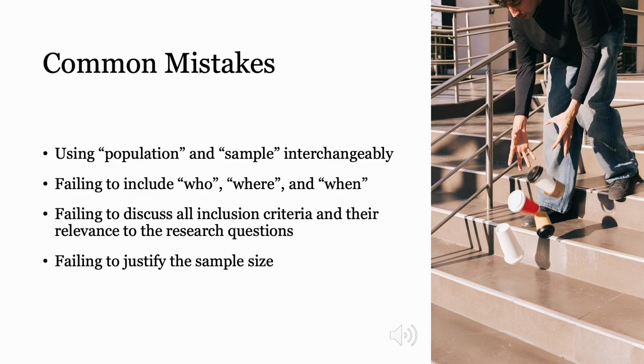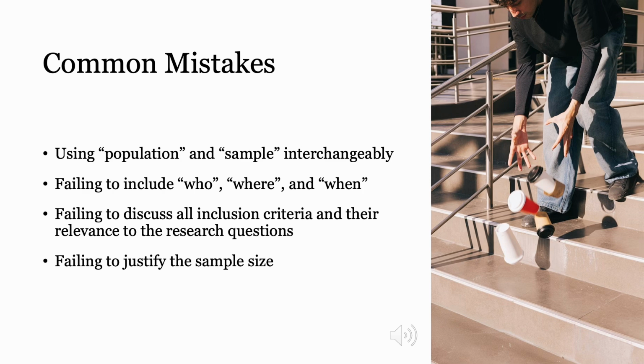There are a few common mistakes to avoid when writing this section. One is using the terms population and sample interchangeably. Remember that these are two different elements and both should be explained. Another is forgetting to specify who, where, and when as you describe your population.